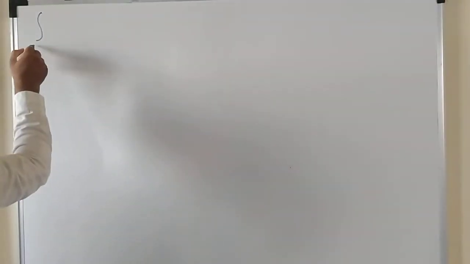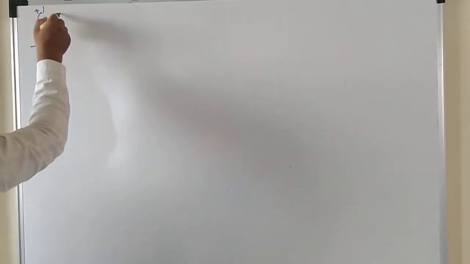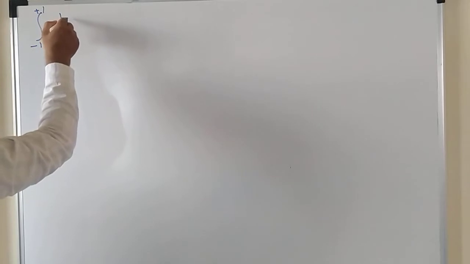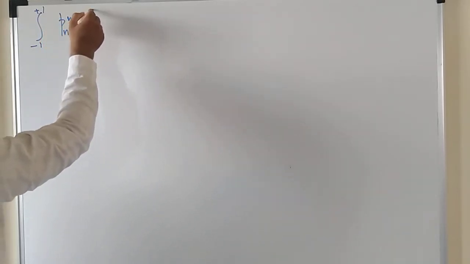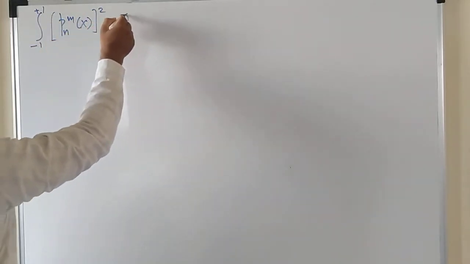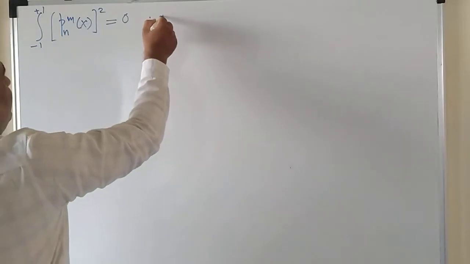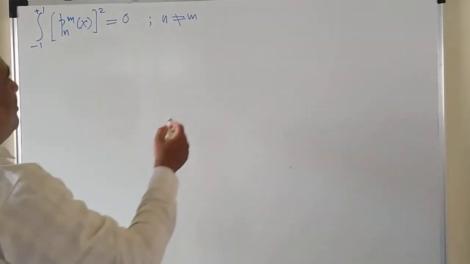So this property is the integral from -1 to +1 of [Pn m of x] bracket squared, which is equal to 0 when n and m are not equal, right? And what is the second property?